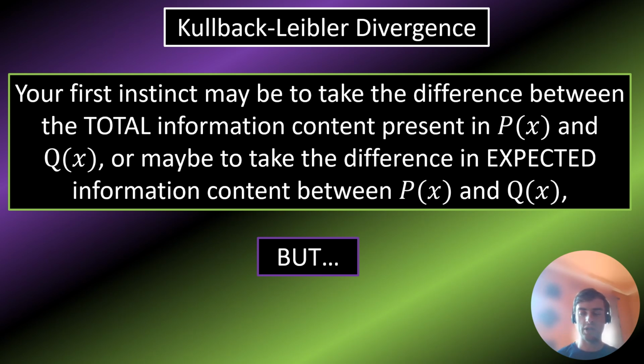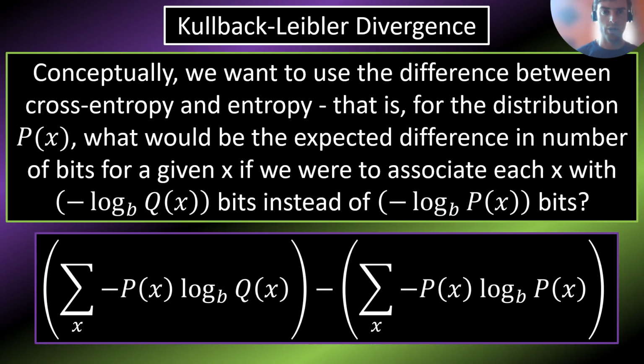So conceptually, KL divergence is the difference between cross-entropy and entropy. So this is actually going to be the extra information that it takes to describe p of x using q of x. So yeah, pretty interesting.